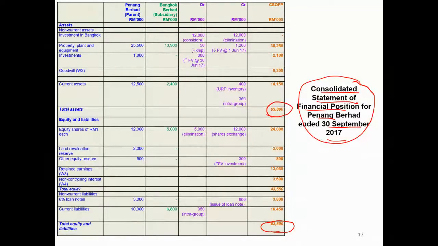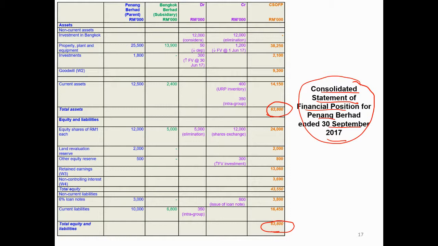Okay, I have one question here. Miss, how about share premium? Because there is one line, share premium. There is no share premium here, Ewan, because you are not supposed to calculate share premium anymore.